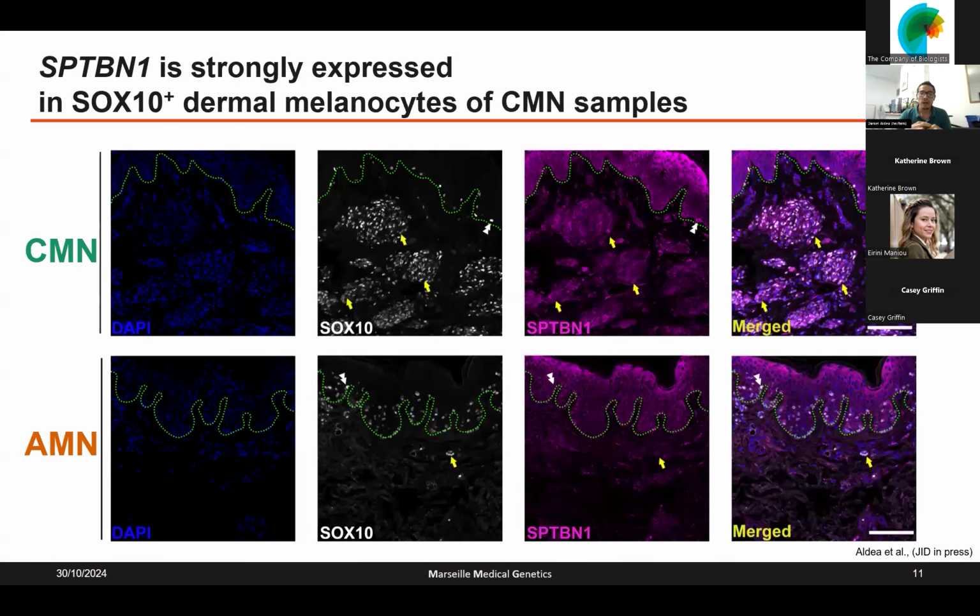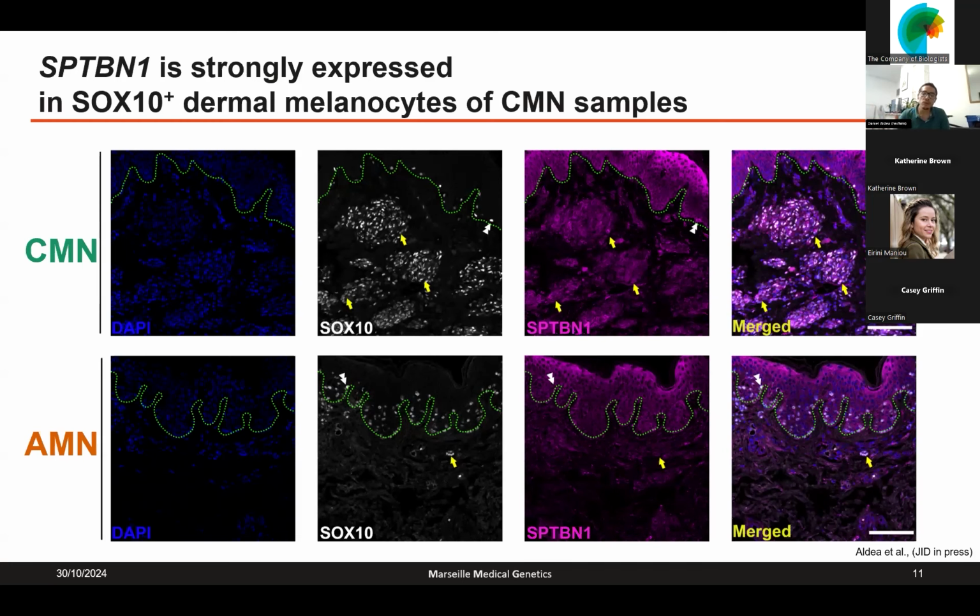Next. So to do that, we performed an immunofluorescence. So here you see the CMN samples and the AMN samples. And you can observe that spectrin beta is really nicely expressed in the epidermis, the line in green. And this was already described, so we validated this with immunofluorescence.